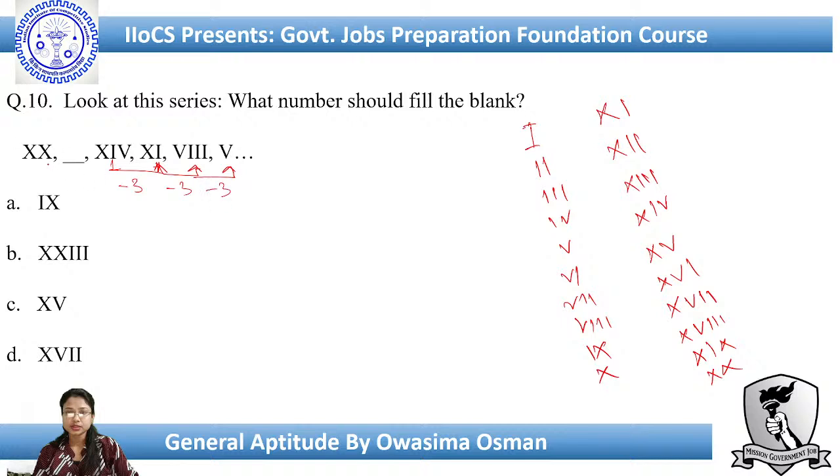So similarly, our answer will be less by 3 than 20. If we do minus 3 from 20, it will be 17, and 17 minus 3 is 14. So our answer is 17, that is option D.